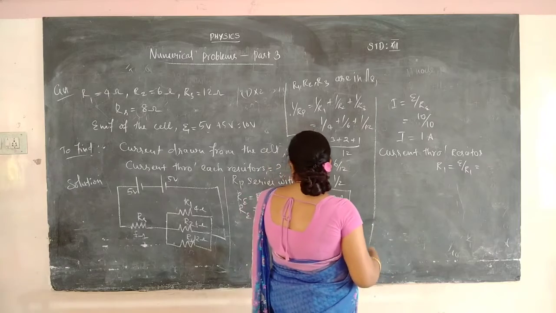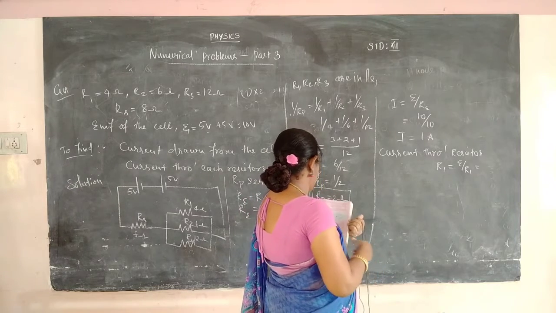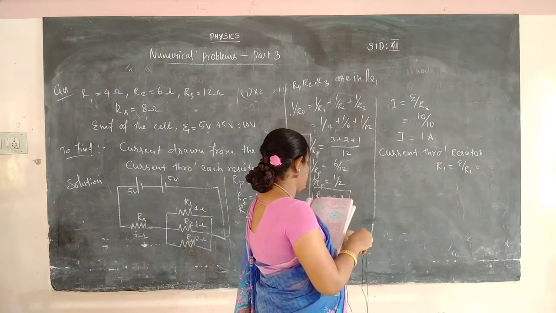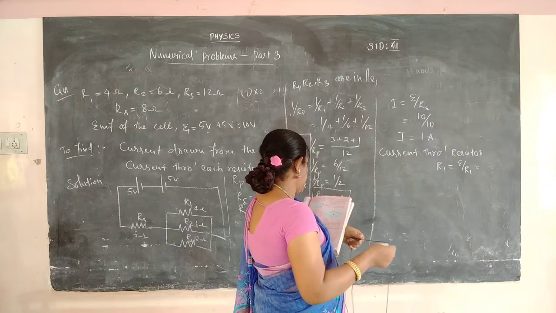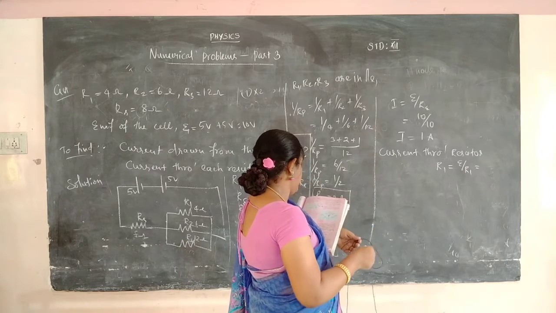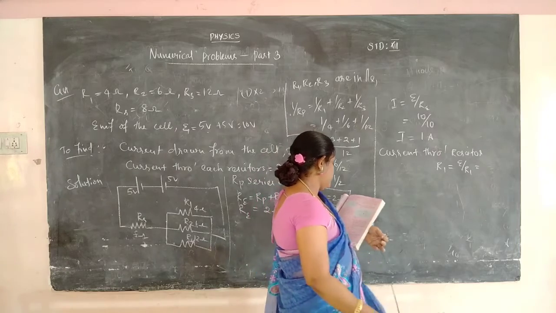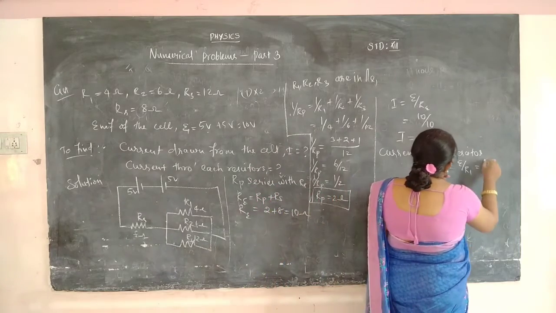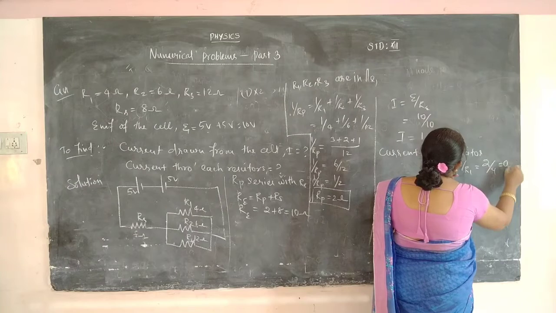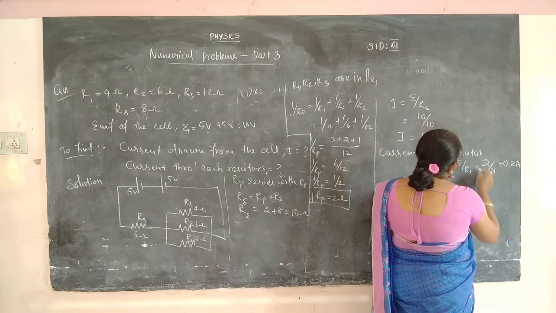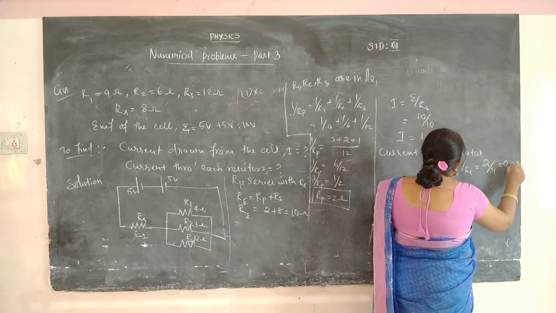That is 2 by 4. What is the 2 value? 2 ohm. Psi will be equal to 2, so 2 by 4 is equal to 0.5 ampere.